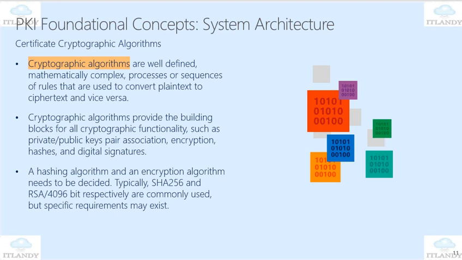Security, basically. Cryptographic algorithms provide the building blocks for all the cryptographic functionalities such as private and public key pair, encryption, hashing, and digital signature. A hash algorithm and encryption algorithm need to be decided, typically SHA-256 and RSA 4096. These are the commonly used and recommended at the moment as a minimal requirement.